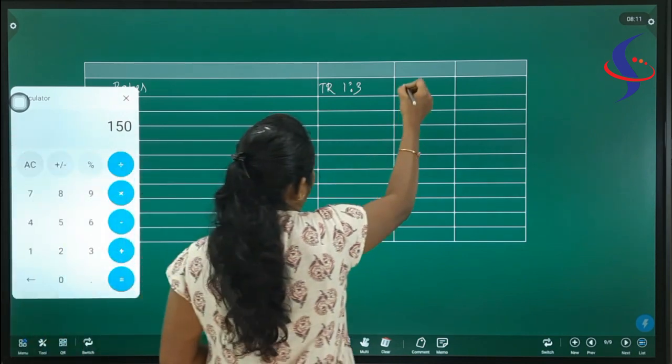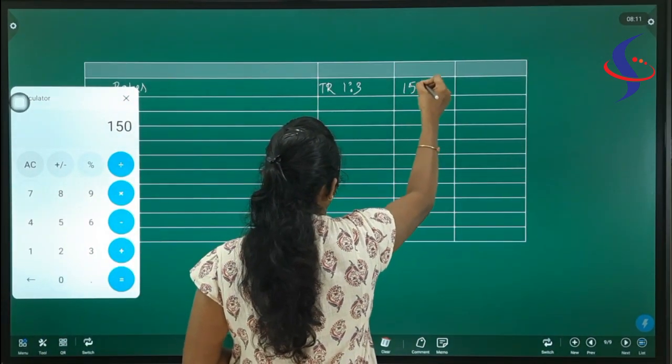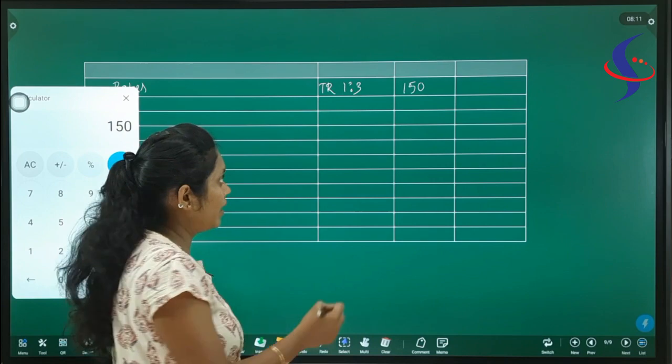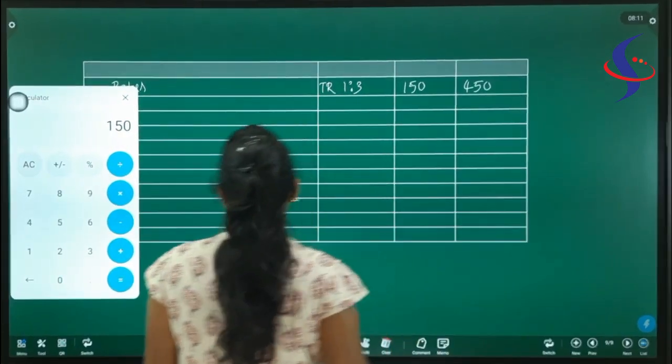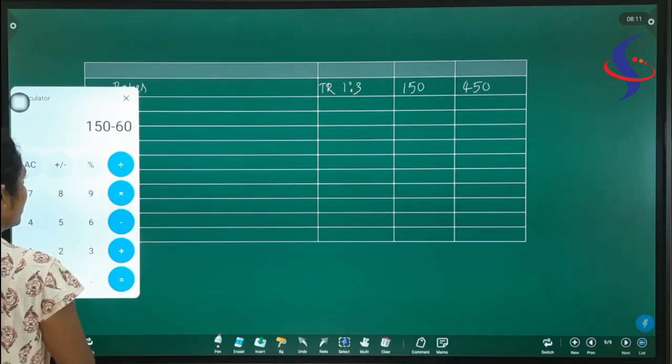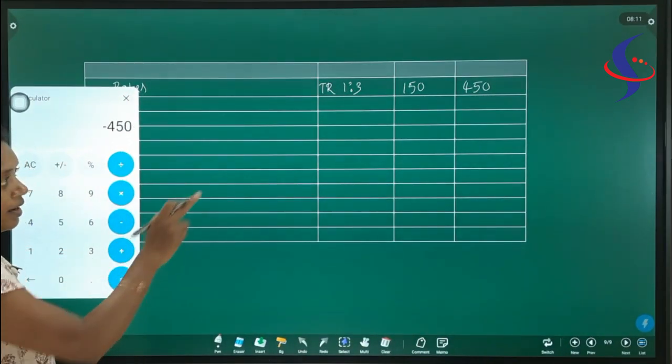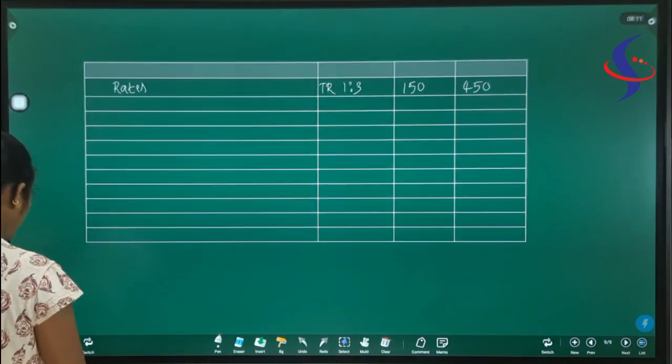How much? 150. Out of 600, 150 is prior period rates, then the remaining 450 will be after period rates.